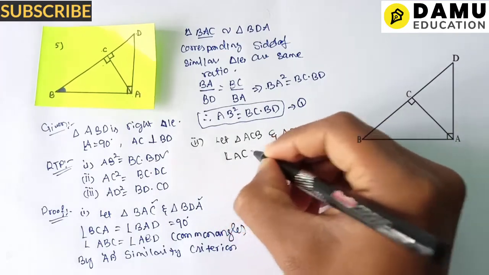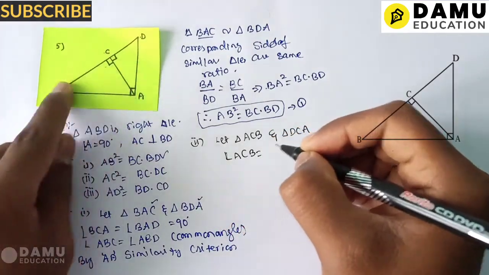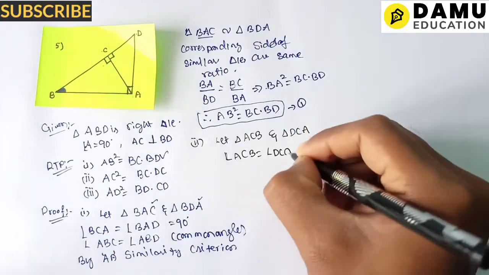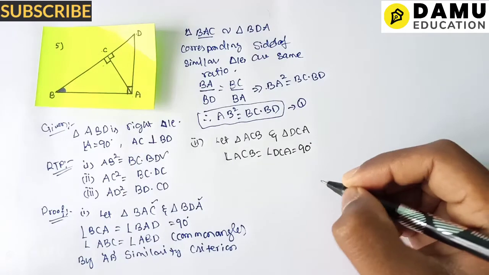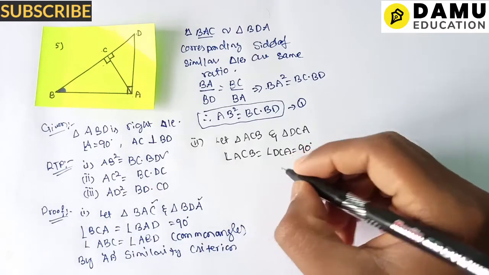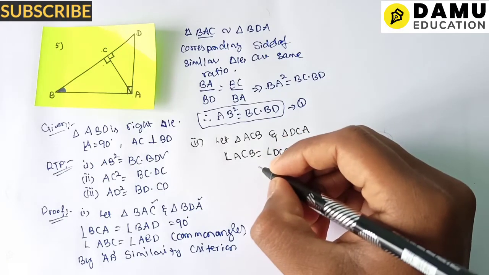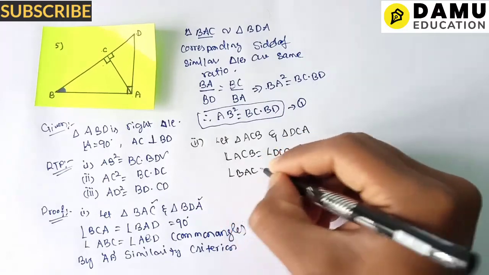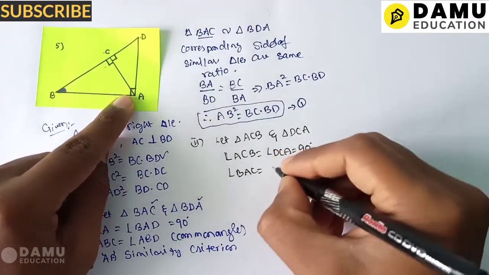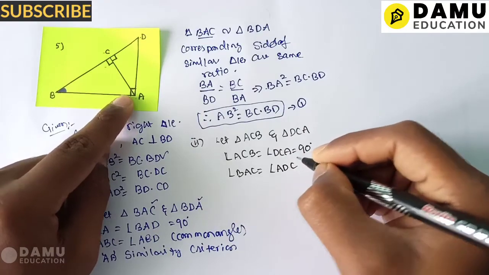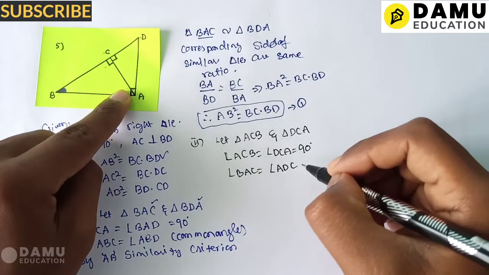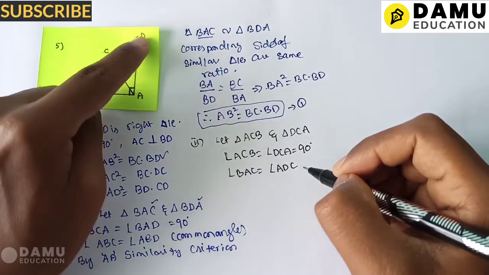So angle ACB will be equal to angle DCA, that is equal to 90 degrees. Another one, in both the triangles, angle BAC will be equal to angle ADC.